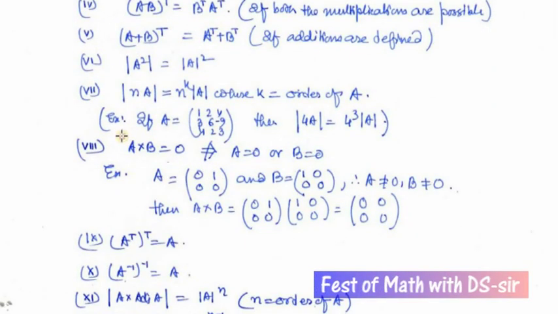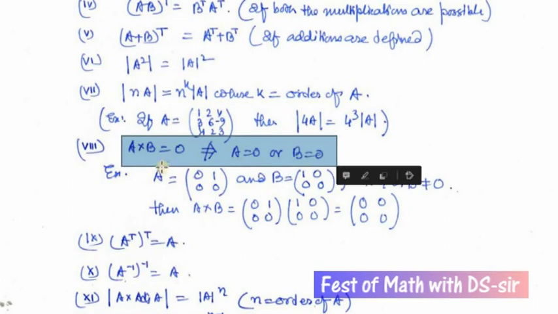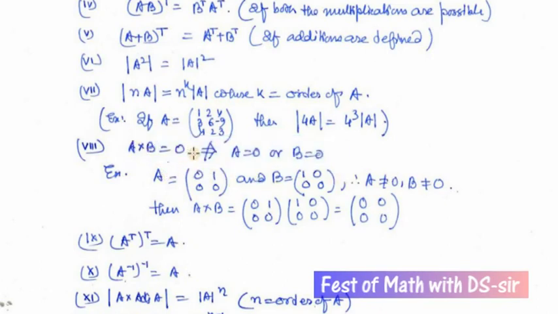Next, very important property, and you have to memorize at least one such example. I have given an example which is very, very simple. A into B equal to 0. So far what we learned, the product of two numbers is 0 when at least one is 0. This is true for the number system. But for matrices, that does not imply at least one of A and B is 0.